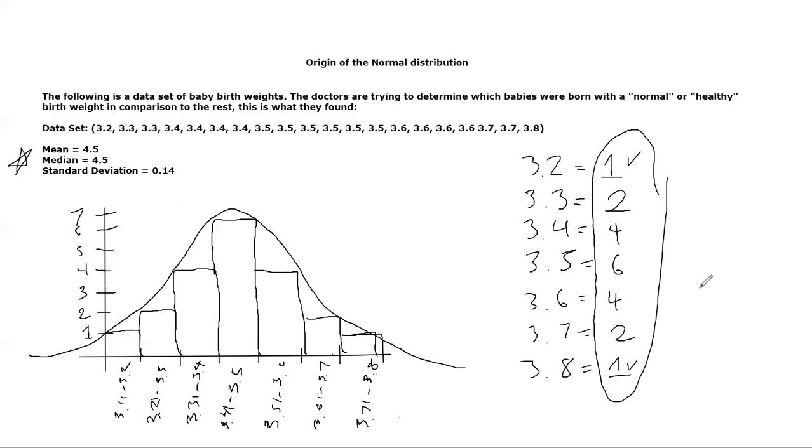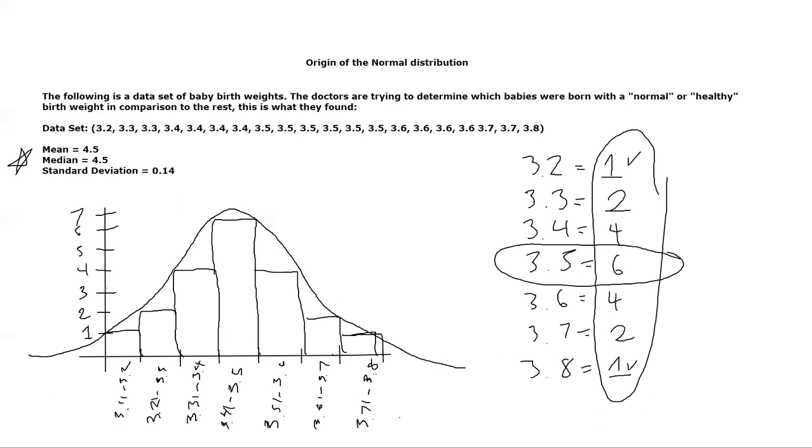But just know that in this example, when doctors looked at this, they noticed, hey, most of the babies are born at roughly 3.5 kilograms. And most of those babies turned out okay, they didn't have any weight issues as they were in the baby stage.